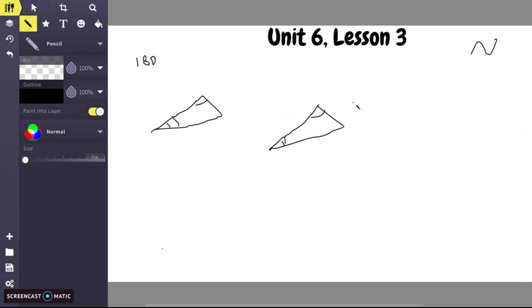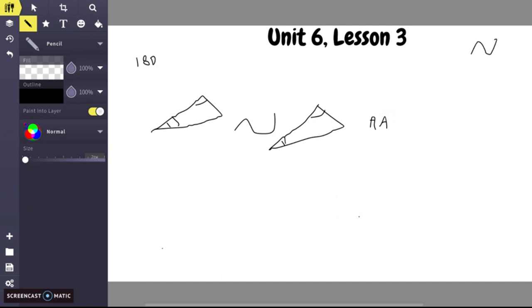So these are not congruent triangles because they could be different sizes and have different side lengths, but they are similar in this case. That being said, if two angles are equal, then we know that the triangles are similar. Angle postulate.